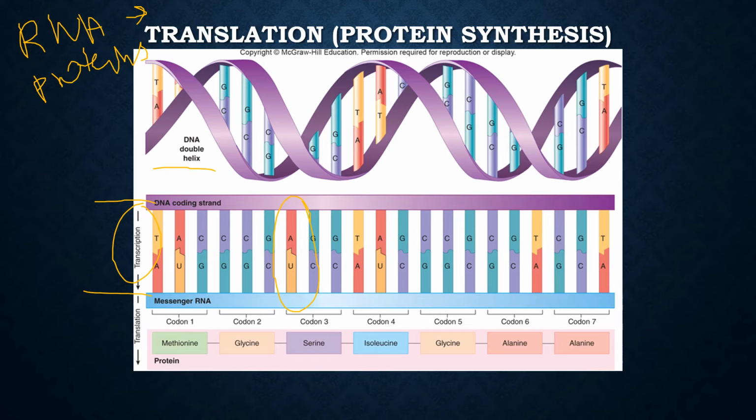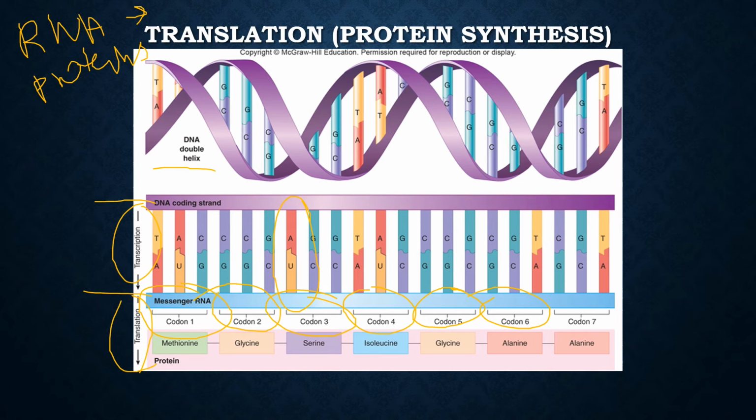Okay, and so for translation, now we're speaking a different language. And what we have are groups of 3 bases on that messenger RNA creating different codons, okay? And so, again, these are always units of 3.